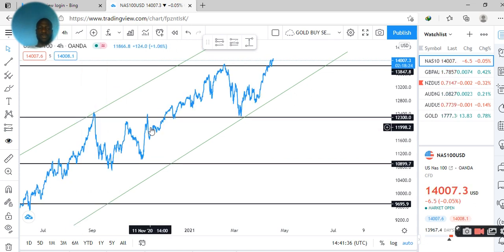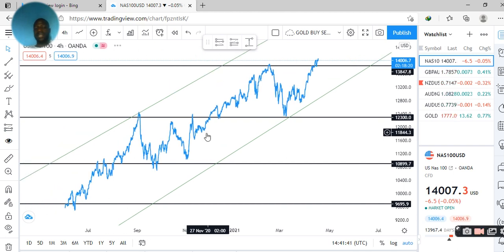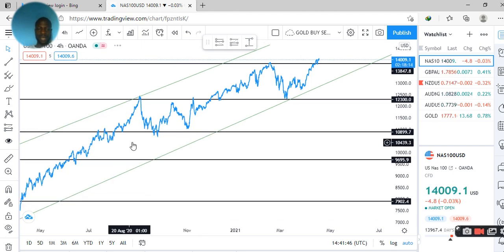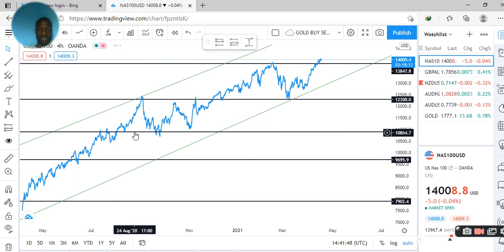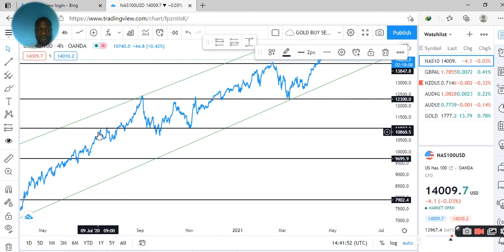This one will show you exactly where price reached. It doesn't take into consideration the wicks and everything. Okay, so from here you can do some adjustment. You can move this somewhere there because you have this touch, and that touch there.